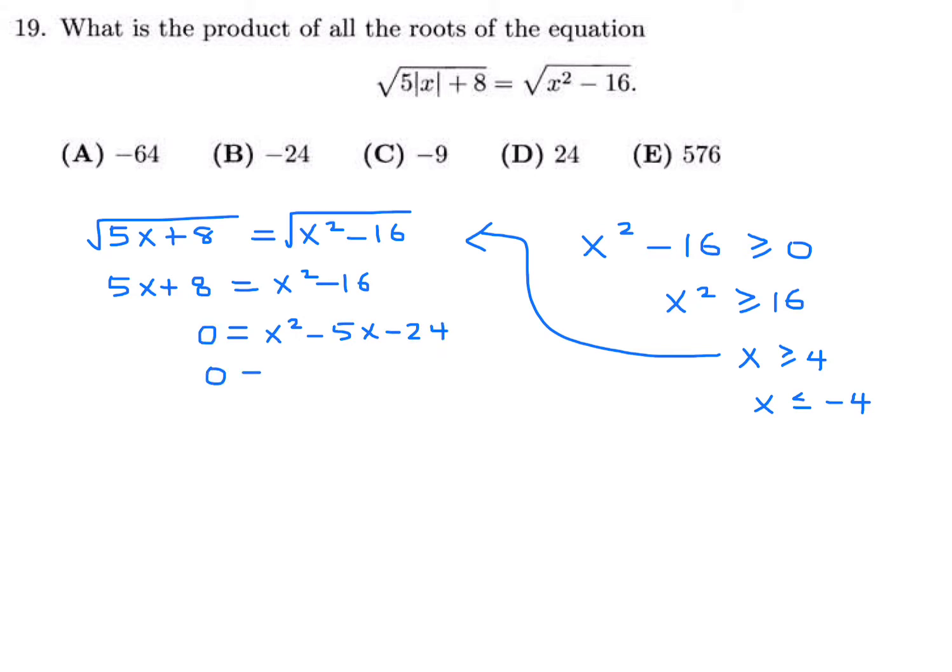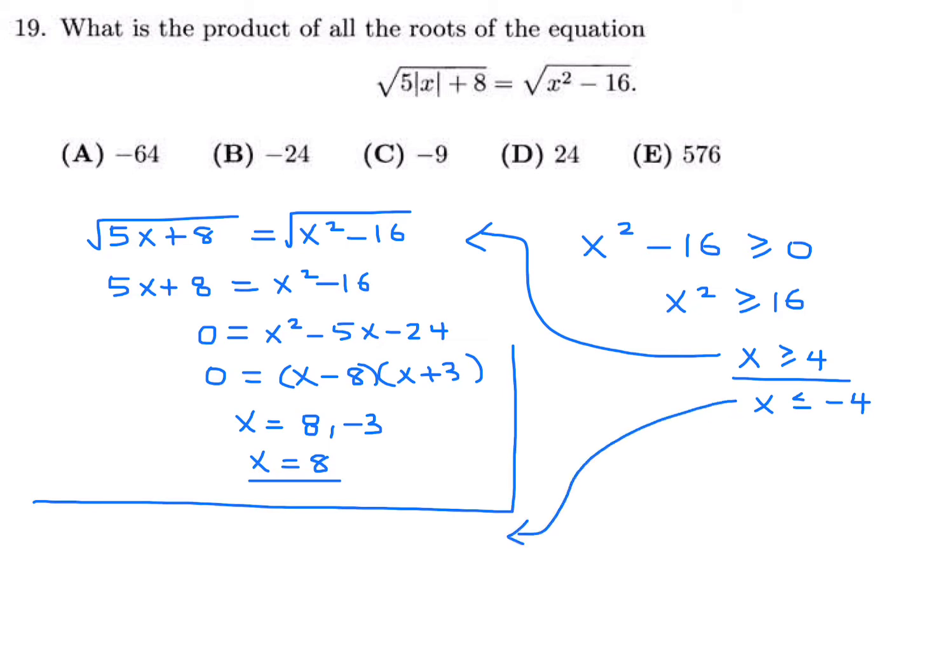And I believe this will factor into (x minus 8)(x plus 3). So that means, according to this, x is 8 or negative 3. But our condition is that x has to be greater than or equal to 4. So we can reject the negative 3 and just use x equals positive 8. So that's our first root.